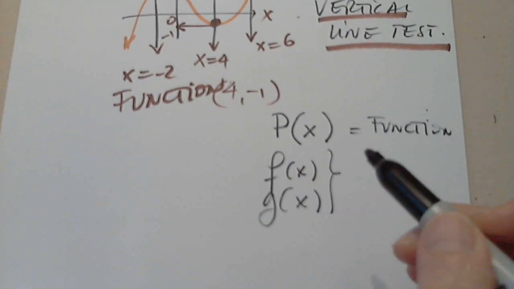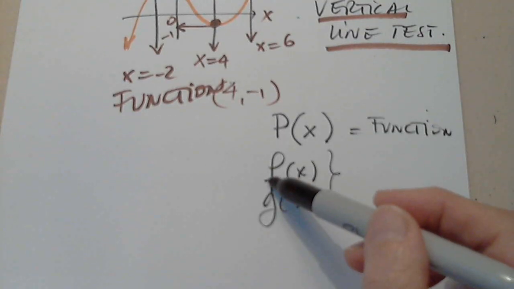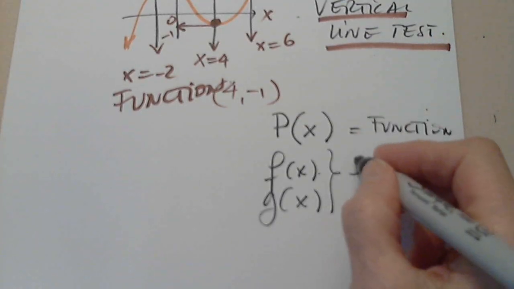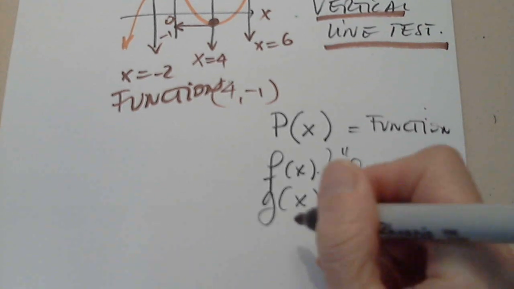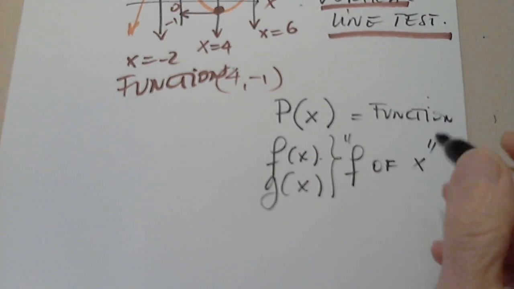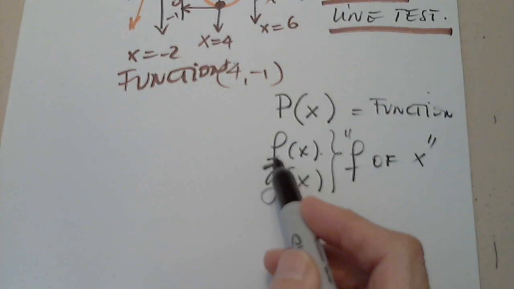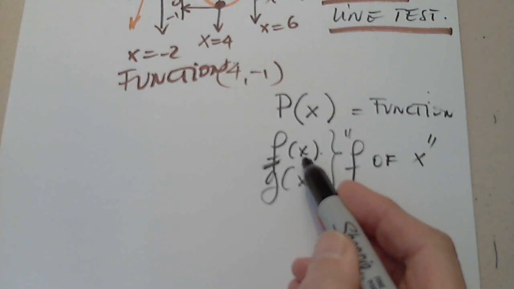But remember, we do not read this f quantity x, or f times x. No, f of x, g of x means f is the name given to the expression that follows, and x is the independent variable.